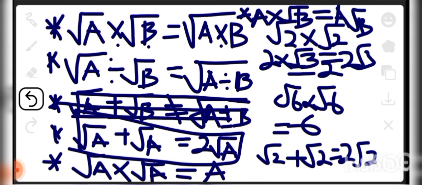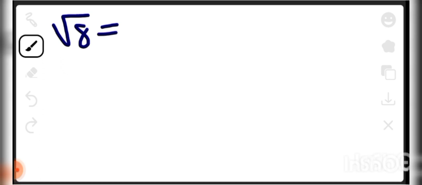Now let's look at some ways of evaluating surds. Let's look at how to simplify a surd. Let's simplify the square root of 8.